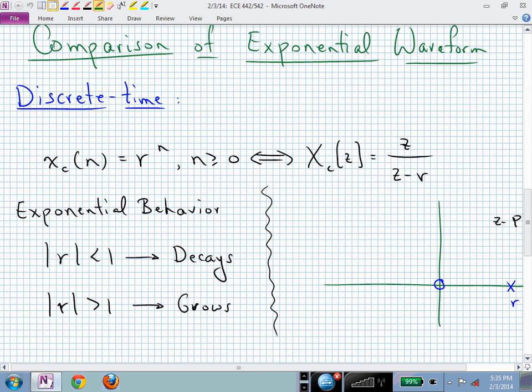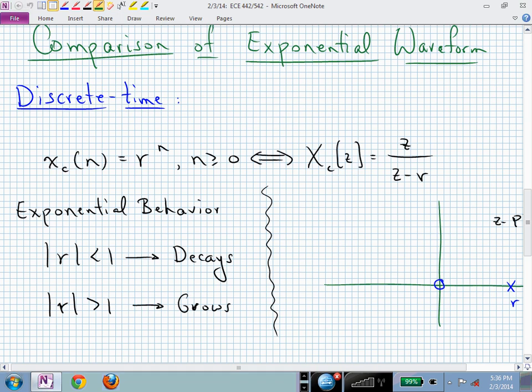Last time we said, okay, if we have a signal or a waveform that's a discrete time waveform, and it's collapsing or decaying or growing with this ratio r at each time interval, then we derived its Z-transform to be z over z minus r.